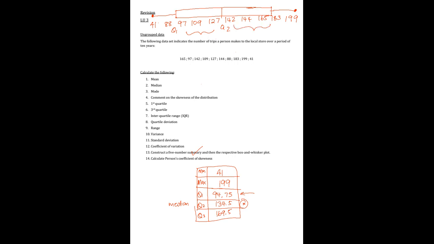So the difference between Q2 and Q1: Q2 is 134.5 minus your Q1, which is 94.75. Then Q3 minus Q2: Q3 is 169.5 minus your Q2, which is 134.5.